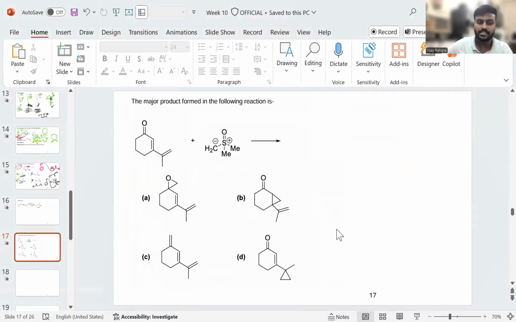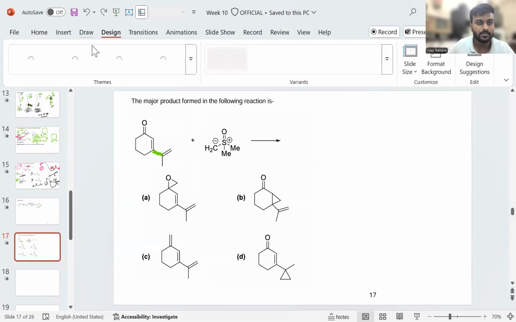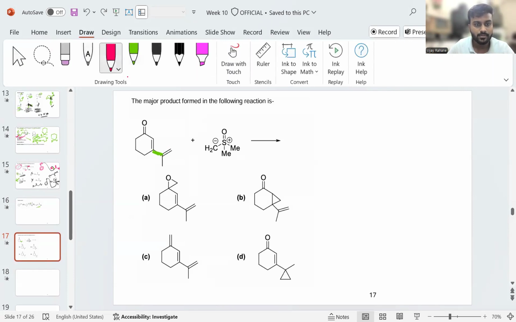If you look at the starting material, we have this alpha beta unsaturated ketone, but there is extended conjugation of this, there is again a further double bond, which is in conjugation to this alpha beta unsaturated ketone.